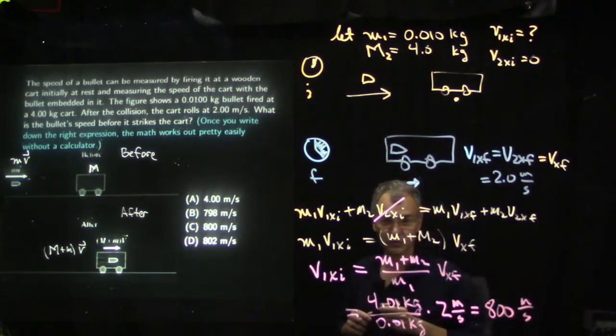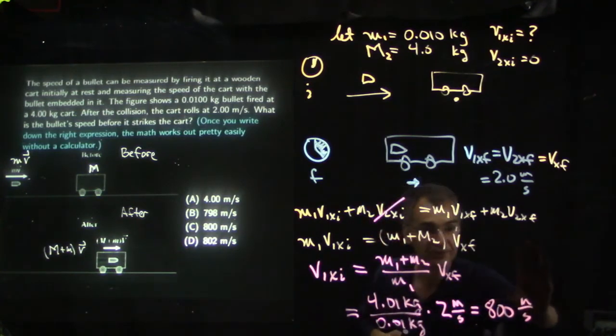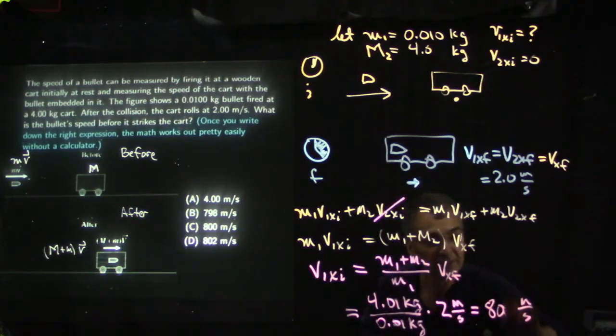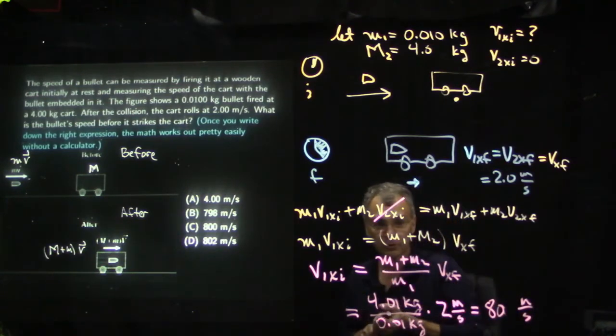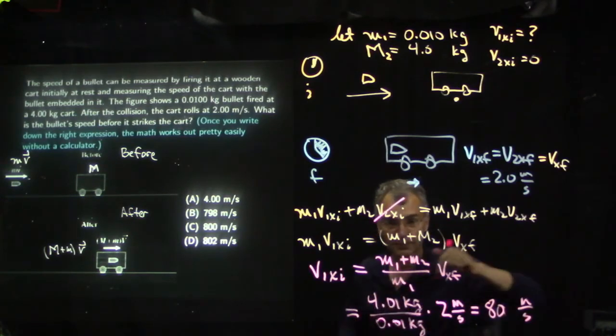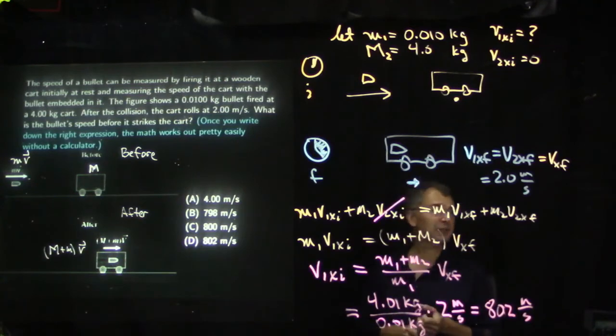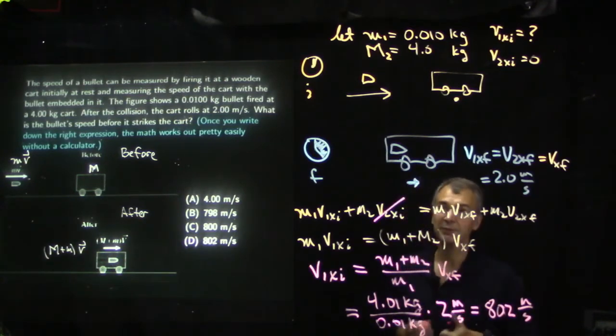Actually, I guess we could do a little better because it's 4.01. It's actually 802. Okay, so if we really want to be a little more precise, 401 times 2 is 802. So it's 802 meters per second. But we could probably, 800 is probably close enough.